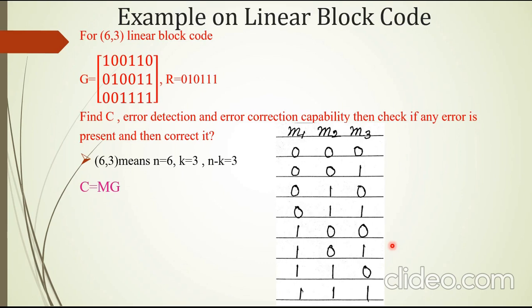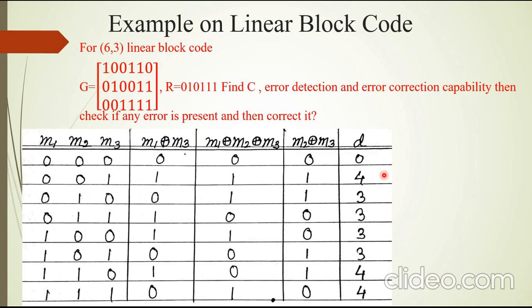So here there are 8 combinations of M. Now G is given like this. Here I can see this is I and this is P, so G is given in the form of [I P].